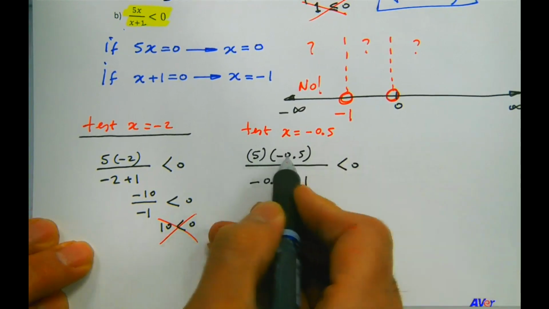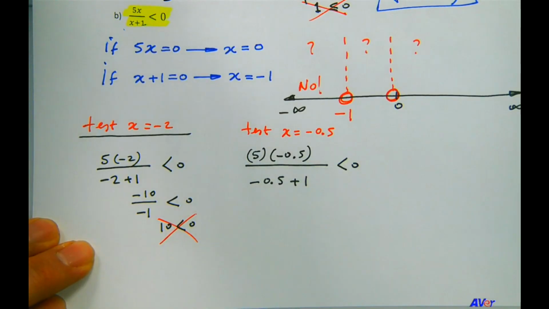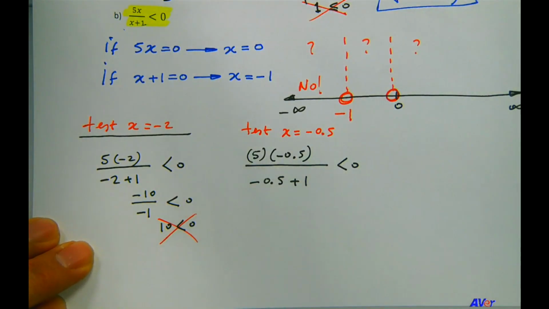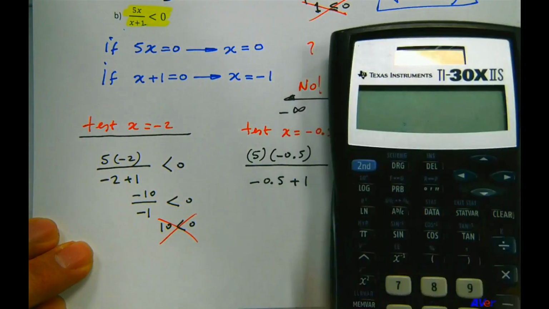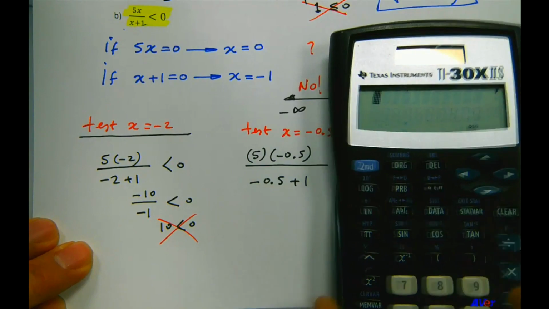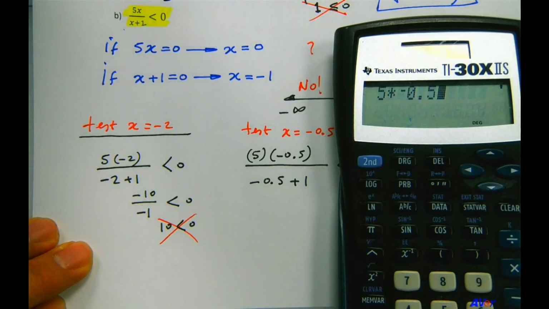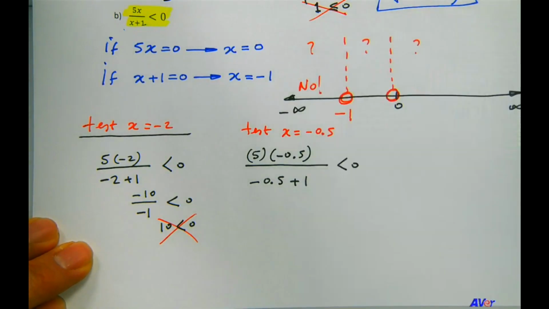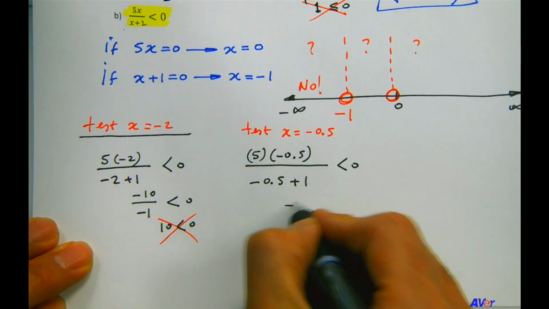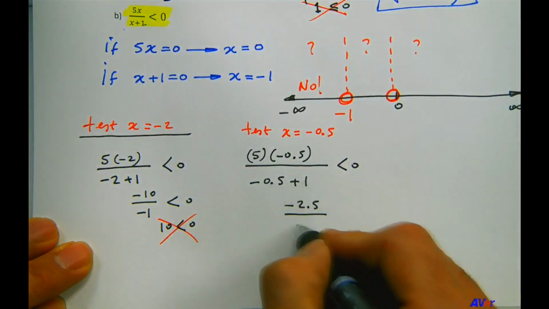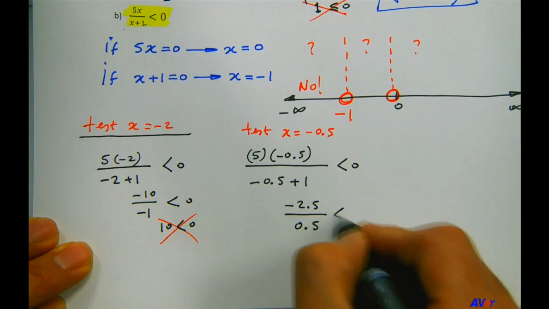So in the numerator, we have minus 2.5, right? But let's double check. 5 times minus 0.5 is minus 2.5, right? So minus 2.5 divided by minus 0.5 plus 1 is negative 2.5 divided by 0.5, which is negative 5.